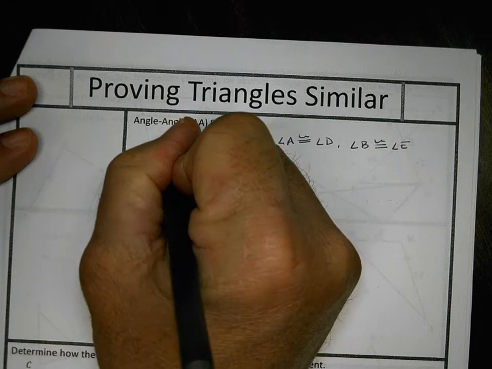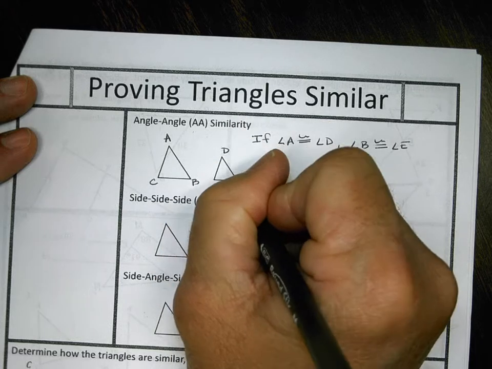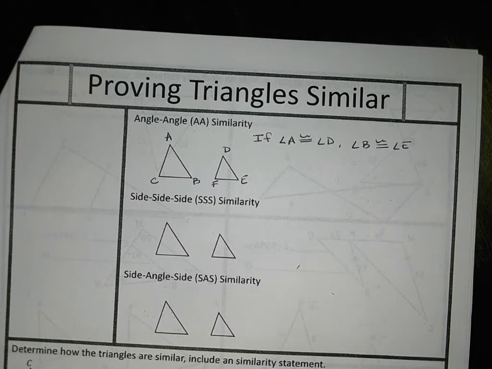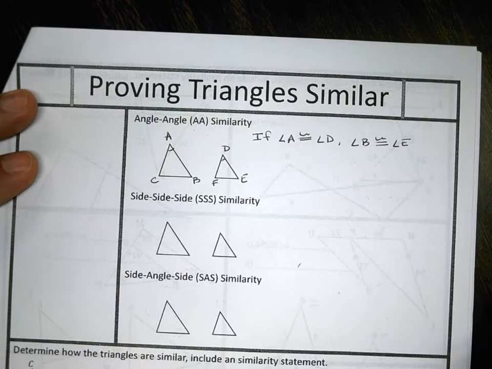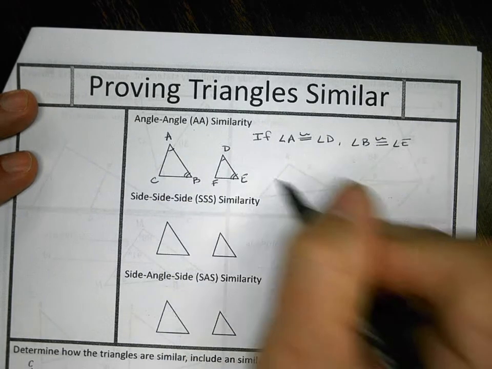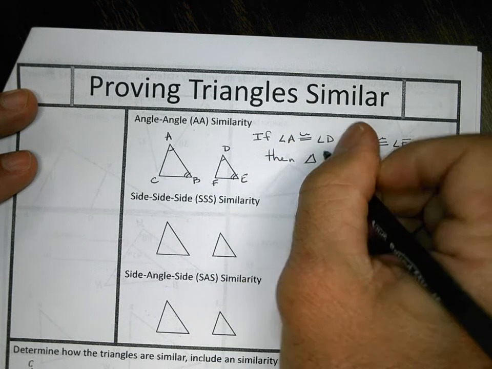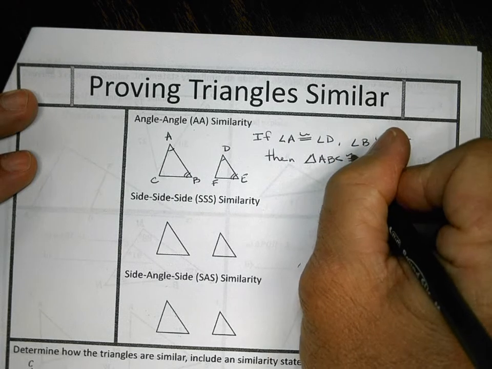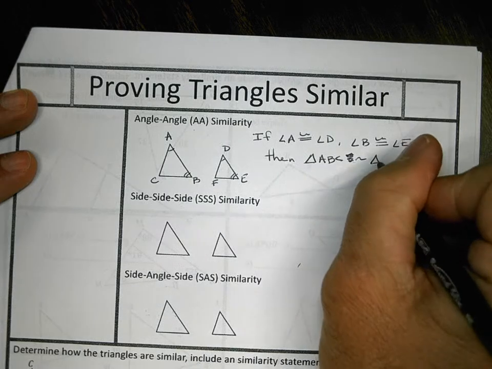So let's name these guys A, B, C, and D, E, F. So what we're saying is if angle A is congruent to angle D and angle B is congruent to angle E, then triangle ABC is, oops, I'm sorry, I wrote that wrong, is similar to triangle DEF.